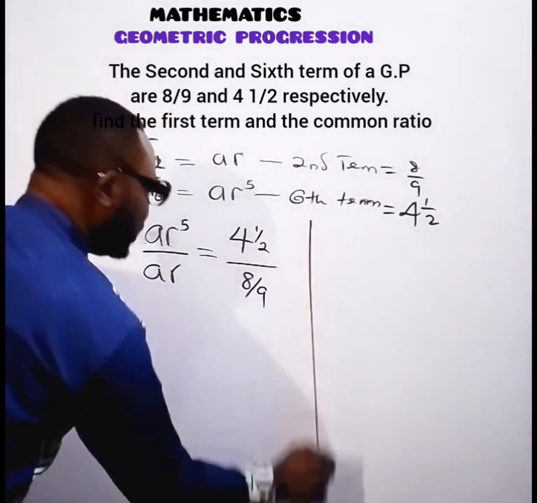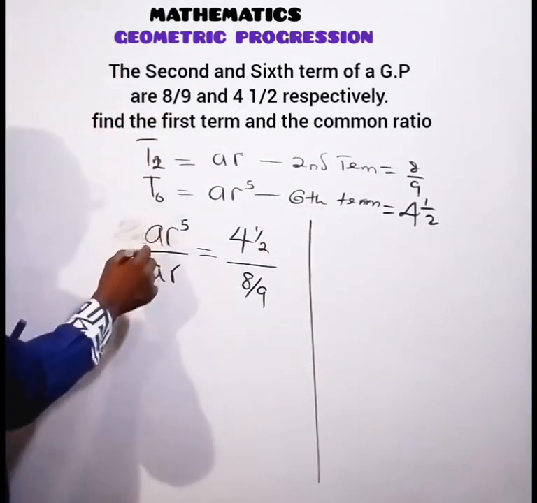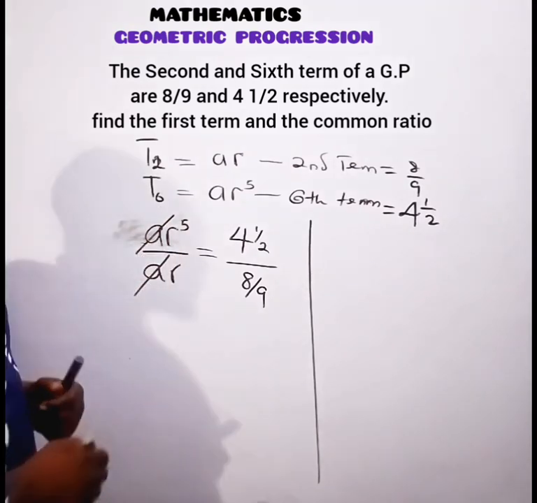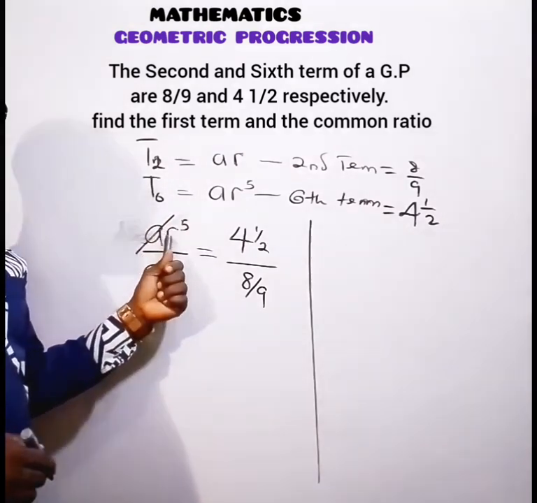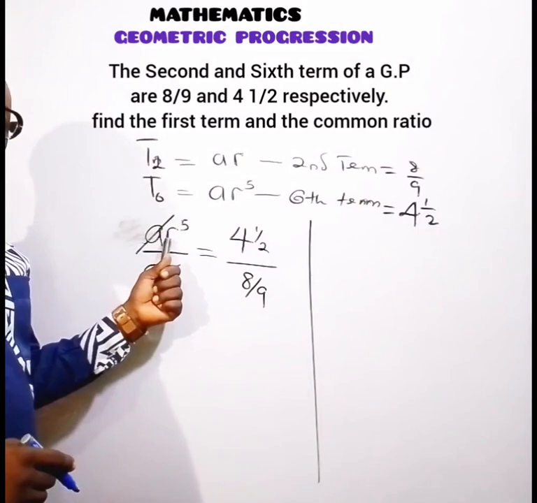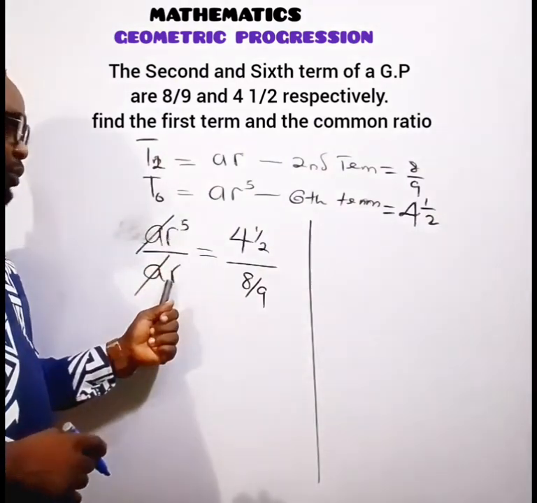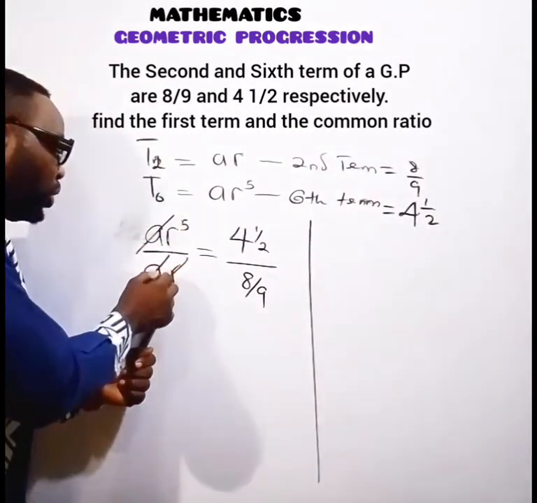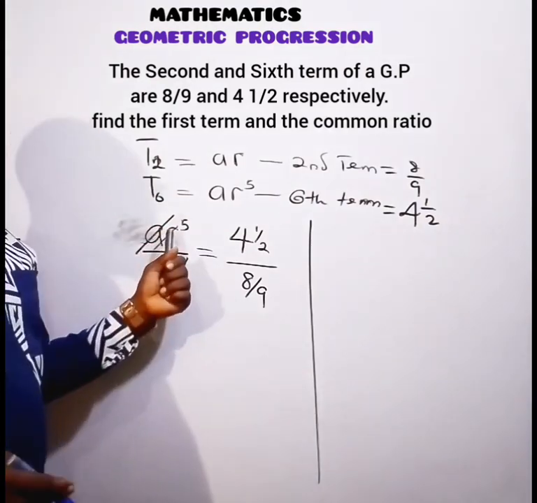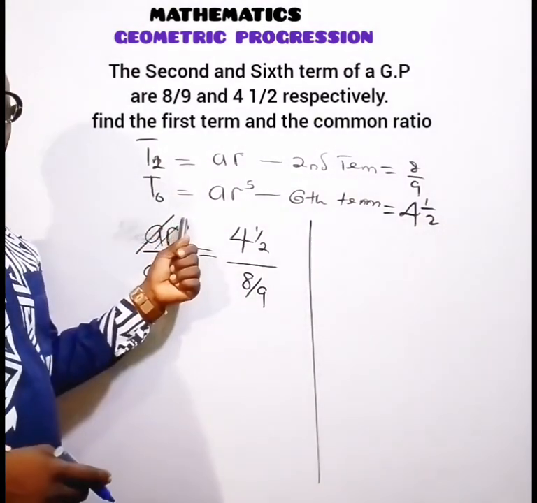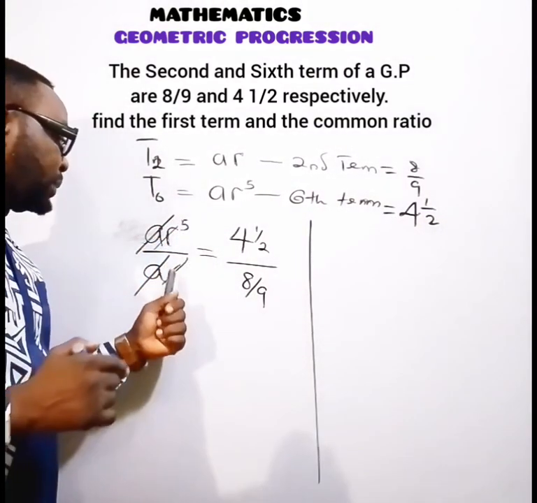So this is going to give us, you know that A, this A we cut this A. We are having R multiplied by one another 5 times at the numerator here, and we have a single AR. When we cut off this single R, how many R will remain there? One R has been cut off from it.